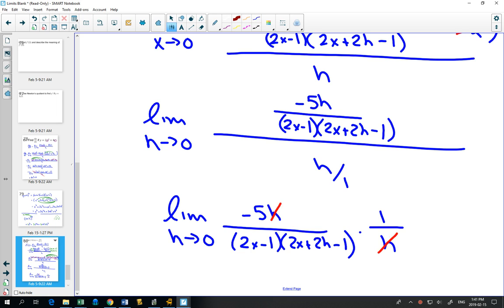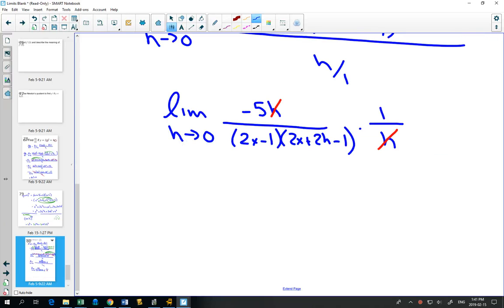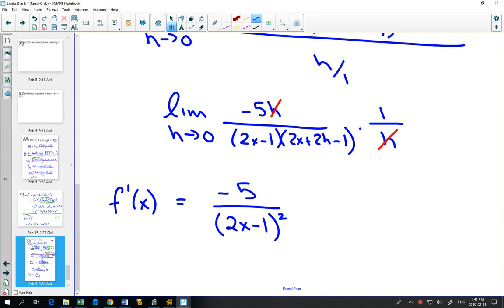And that h, which was causing a problem, now simplifies. And once I get rid of that h, can I plug in 0? Yes. And I'm left with just a negative 5 on the top and 2x minus 1 times 2x minus 1, so I'll write that as 2x minus 1 squared. And that will be our derivative function.